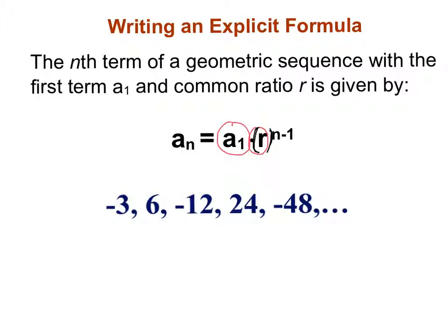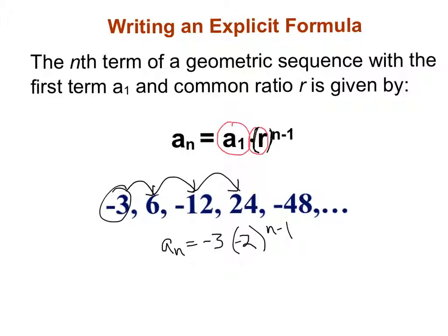So if I was going to write this explicit formula, A1 is still negative 3 and R is still negative 2. So A sub n equals the first term times what it's changing by, what I'm multiplying by, which is negative 2, to the n minus 1. That is the explicit formula.